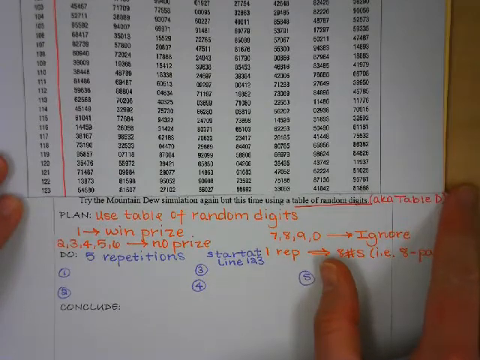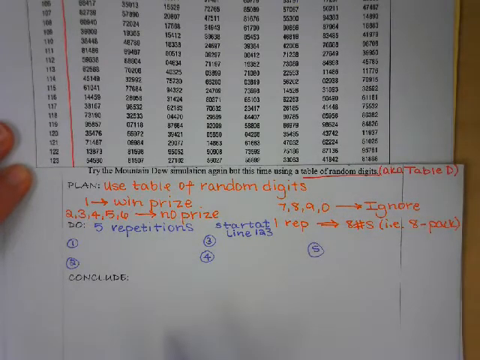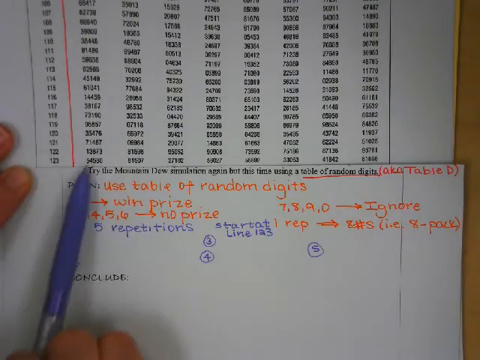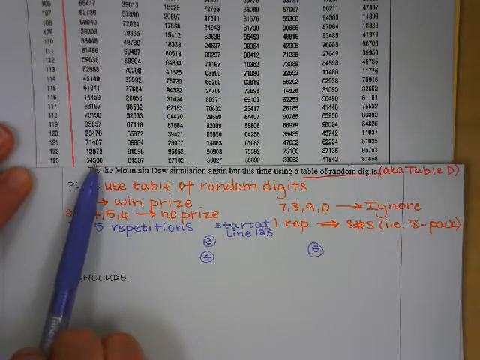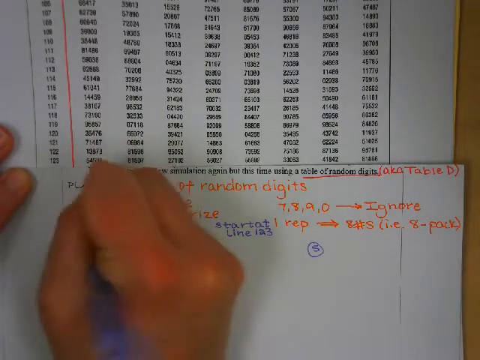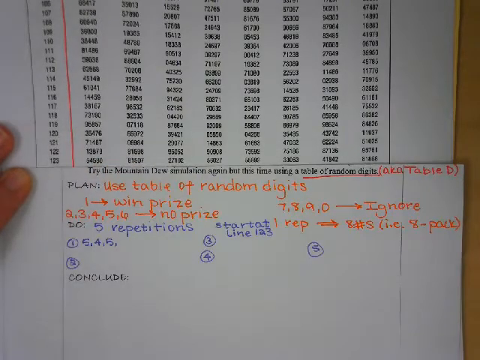So I have my paper under it, and like I said, I'm going to write it down because it's hard to keep track of, especially when you have numbers you're ignoring. So we have 54580. The 8 and the 0 I'm ignoring, so I'm going to write 545 down. And that's the first 3 in that repetition.